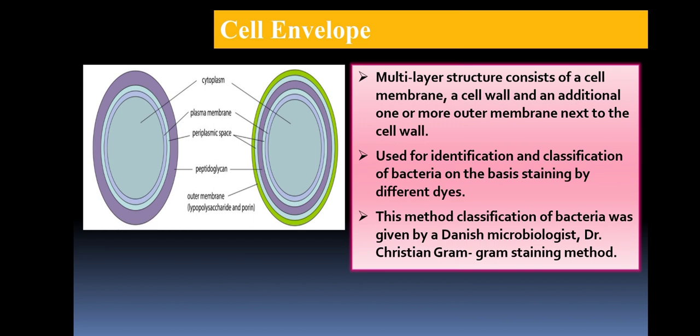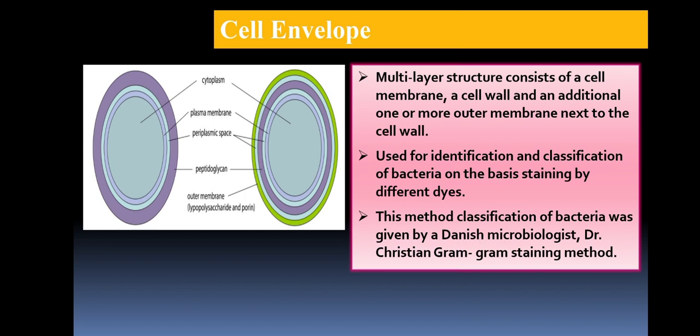Plasma membrane consists of lipid and protein and is also called the lipoprotein membrane. Next to the plasma membrane, a rigid structure is there that is called the cell wall. It helps in maintaining the shape of the bacterial cell.